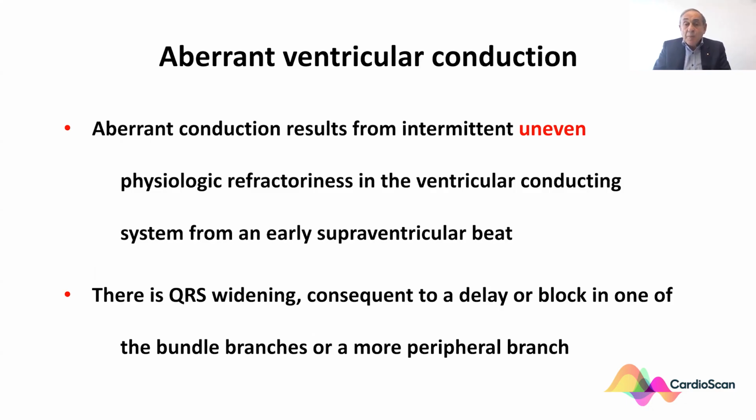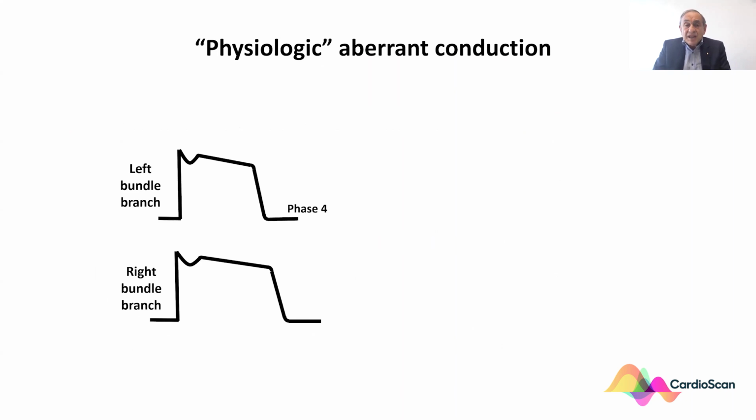This sounds complicated, so let's try and see it using the action potential. As you can see here, there are two action potentials. Above is the left bundle branch and below is the right bundle branch.